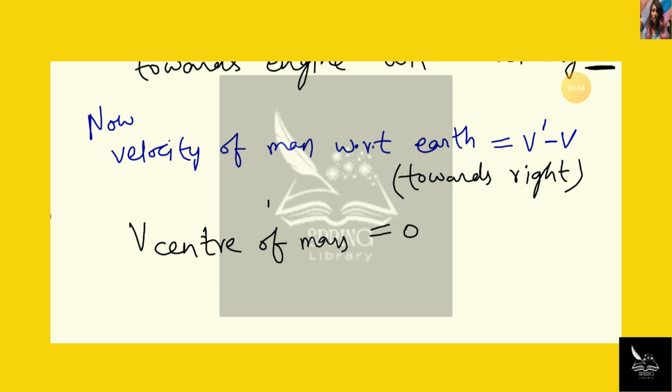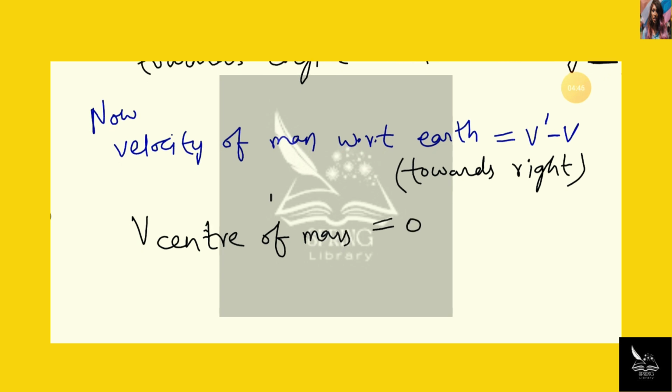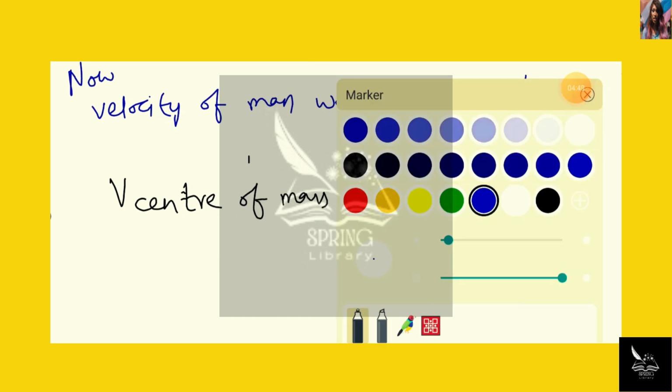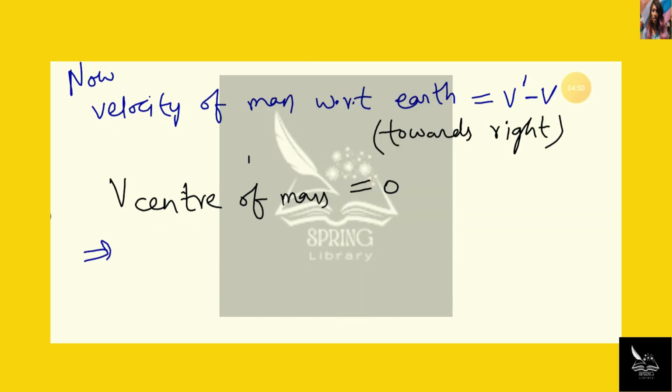So the next step will be written as 0 is equal to minus capital M multiplied by V plus small m multiplied by v dash minus v.